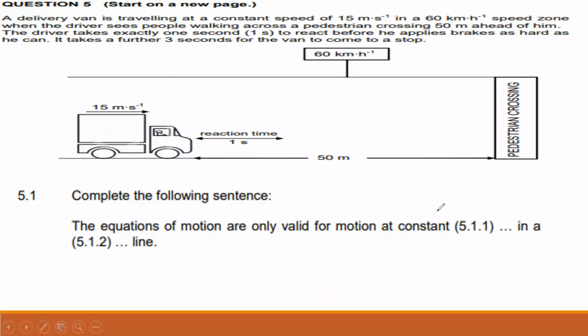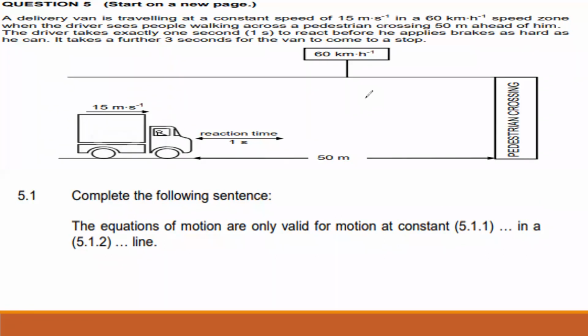So 5.1.1 is acceleration, and the answer is in a straight line. We need constant acceleration, positive, negative, even 0 is fine, but we need constant acceleration to use equations of motion.